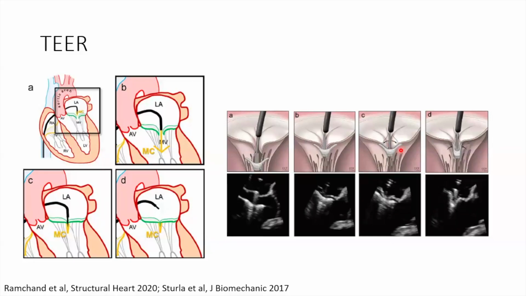You can certainly reposition the devices still at this point because the delivery system is still attached. And then ultimately you close the clip in this way. And then the delivery system, as in picture D here, is taken out, and at this point you've released it and you're not able to reposition it.